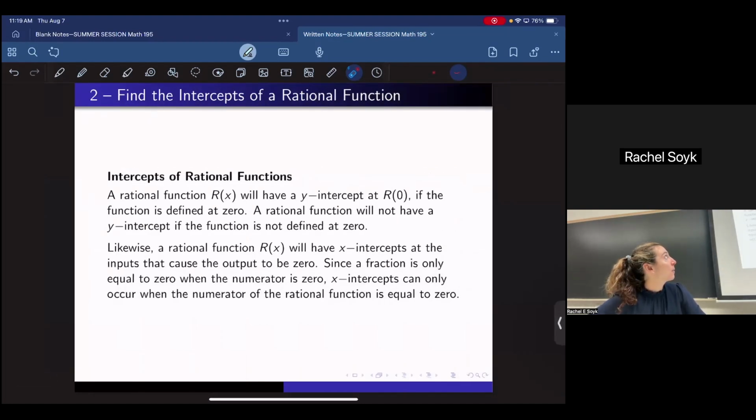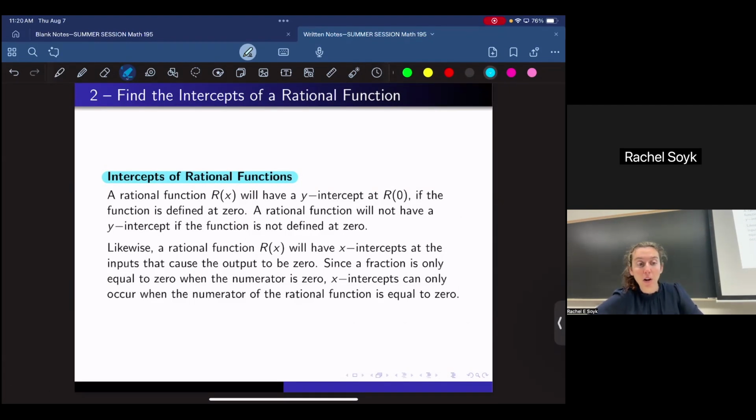So our objective 2 is finding the intercepts of a rational function. Again, these are all just review. It's just now we're dealing with function notation. So how do you find x-intercepts? You set your y equal to 0, and then you either factor.